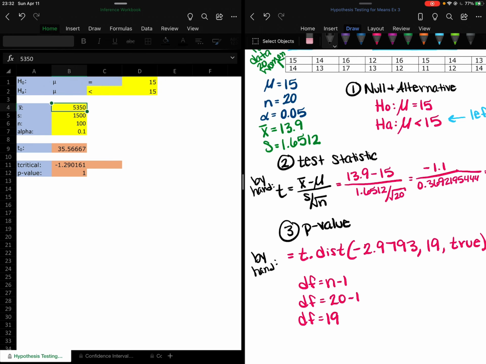It's less than. 13.9 was the sample mean. 1.6512 was the standard deviation. Our sample size was 20, and our alpha is 0.05. And using Excel, we get the same answers. So as a reminder, you can use Excel unless you are specifically told to do something by hand.